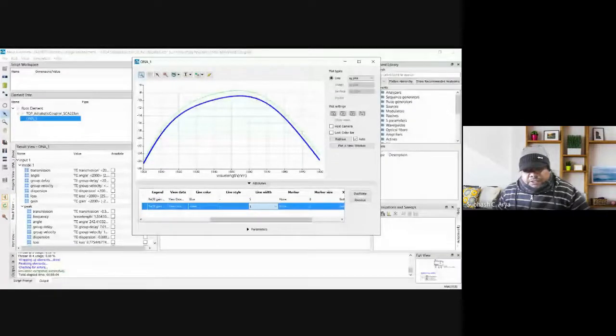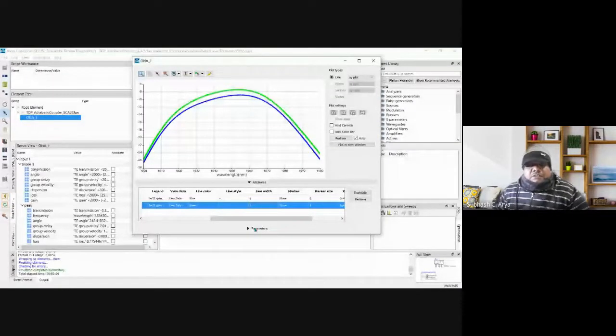Yeah, this is port 4. So in port 4 more light is there compared to port 3.